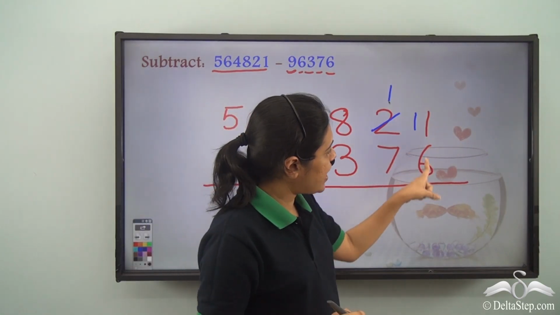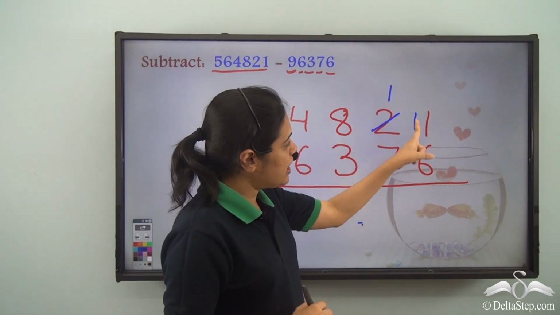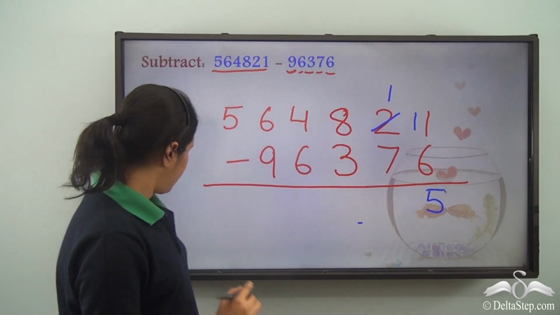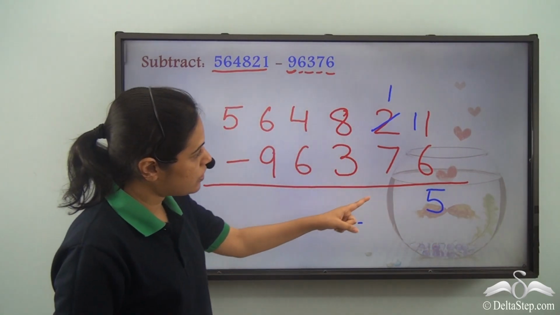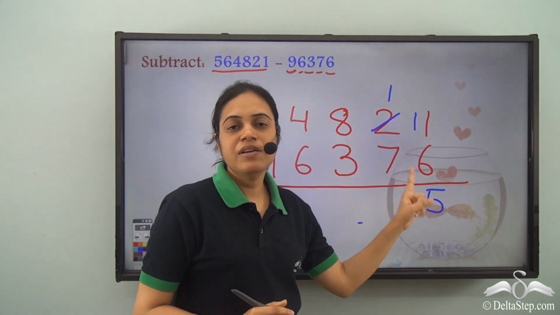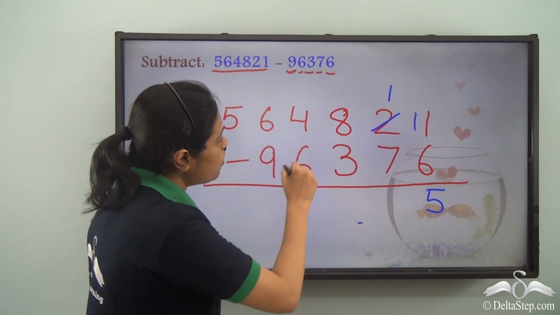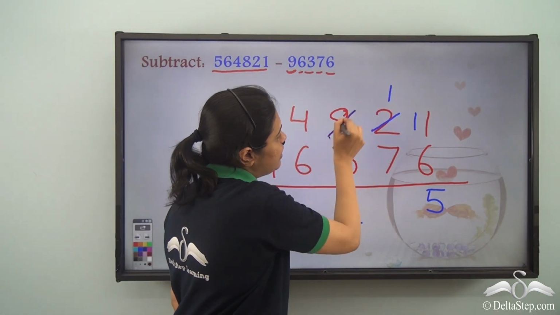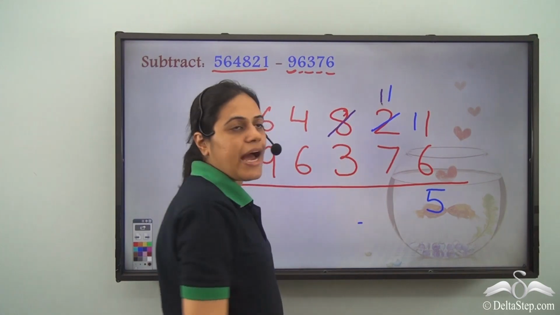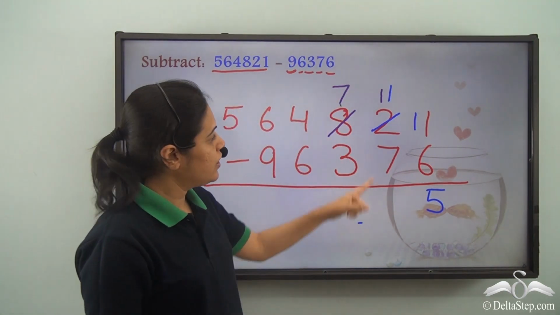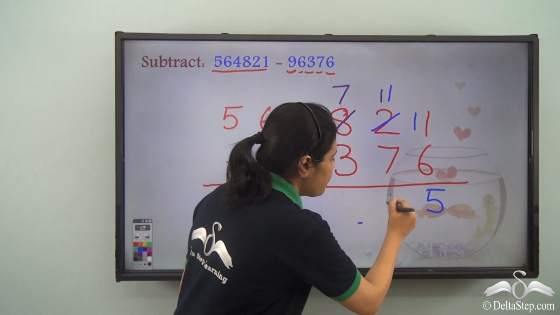Now I can subtract 6 from 11. So 11 minus 6 is 5. Now 1 minus 7. Once again, I cannot subtract 7 from 1. So this one will borrow 1 from 8 and become 11, and this 8 will become 7. Now 11 minus 7 is 4.